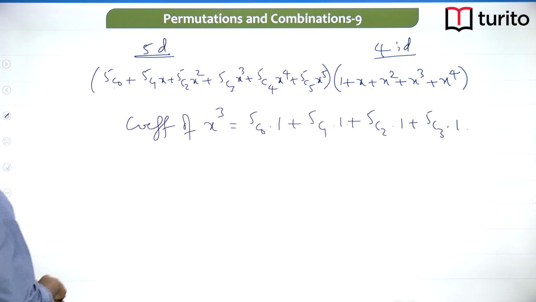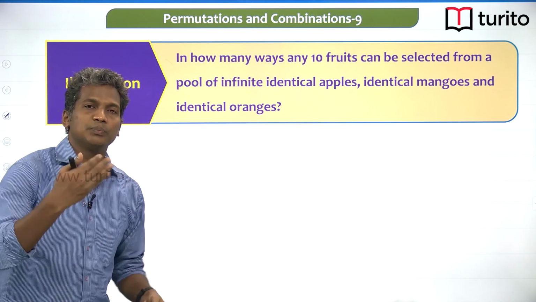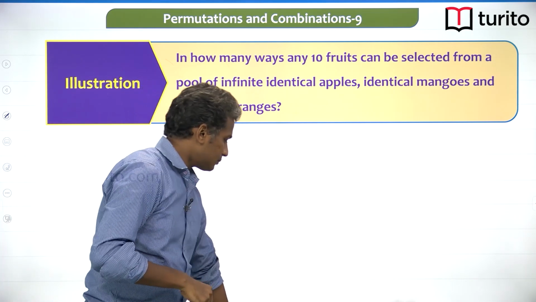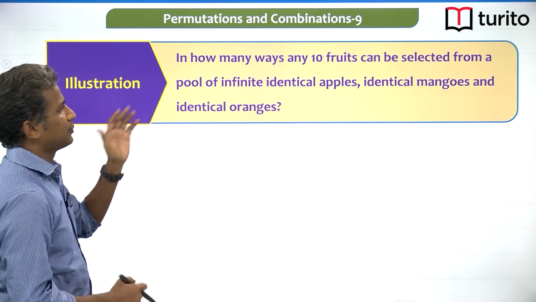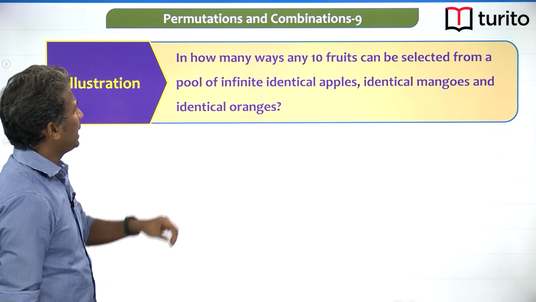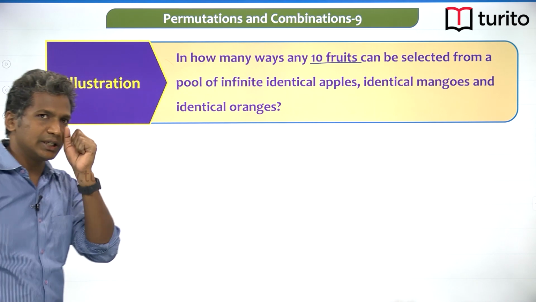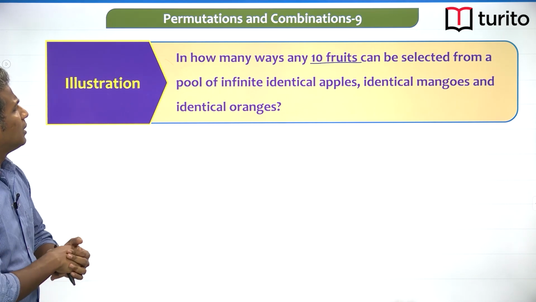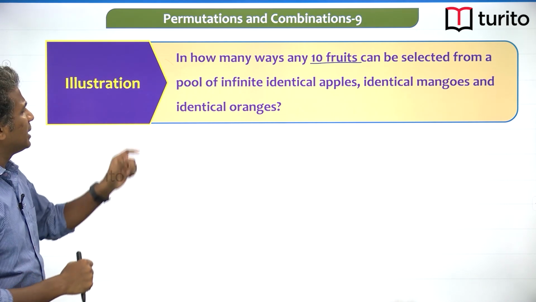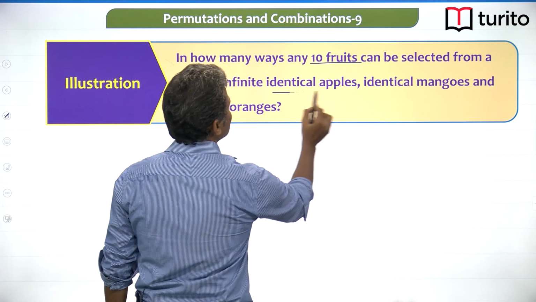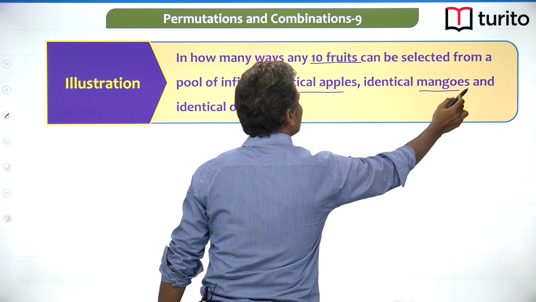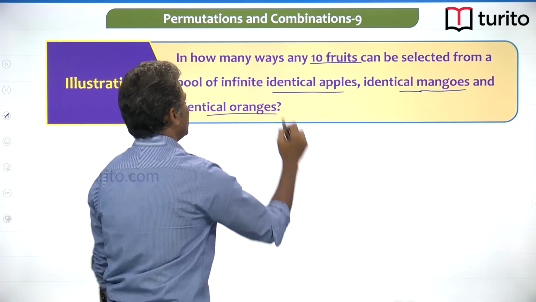Okay. Now, let us try to solve some problems based on this idea. Let us say we have a problem here and here we want to select any 10 fruits. And there are infinite identical apples, infinite identical mangoes and infinite oranges.